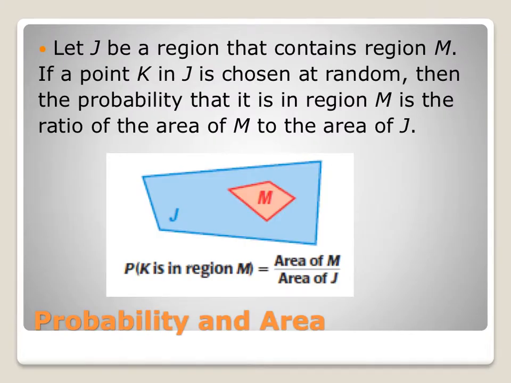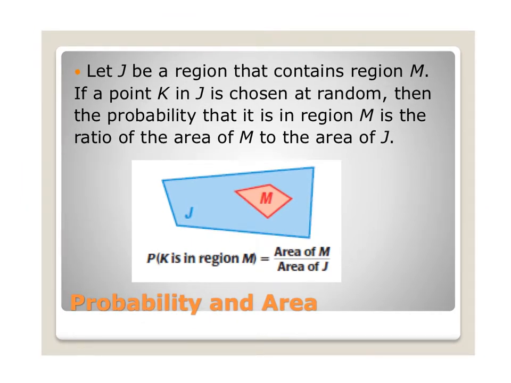Next we're going to talk about probability in area. Let J be a region that contains region M. If a point K in J is chosen at random, then the probability that it is in region M is the ratio of the area of M to the area of J. So you put whatever number you would calculate for the area of M over the area of J. Now you're not going to get strange figures like this.